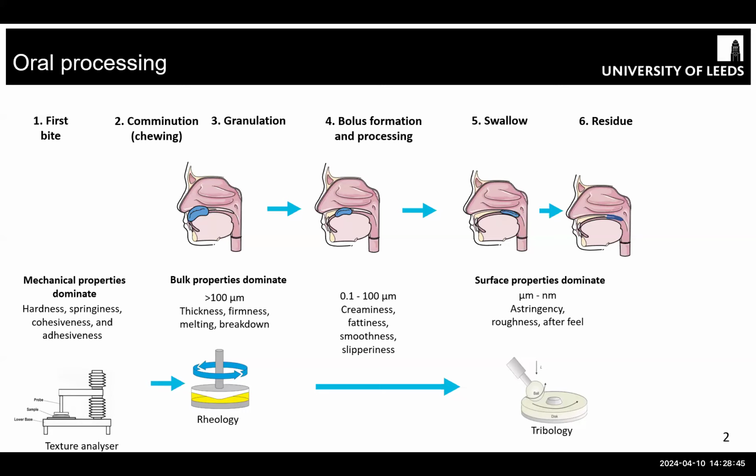Through this model, we can see a transformation from a rheology-dominated process during the first bite to a tribology-dominated process during oral processing, since there are a lot of surface interactions in the mouth between the food particles and the different oral surfaces, such as our tongue, our palate, our teeth, and so on. So tribology becomes very important.